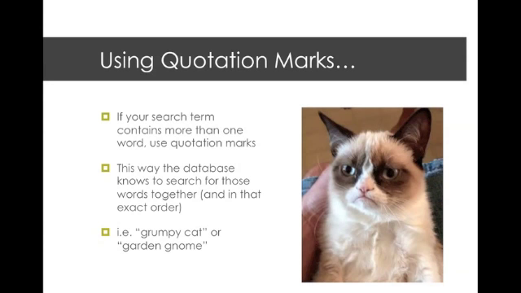So an example that I've done here is if I want to write about Grumpy Cat, I don't want the database to search for all articles that reference the word grumpy or just cats. I want this cat specifically, and who doesn't. So I need to tell the database that precisely. And that's one way to do that, and probably the best way.